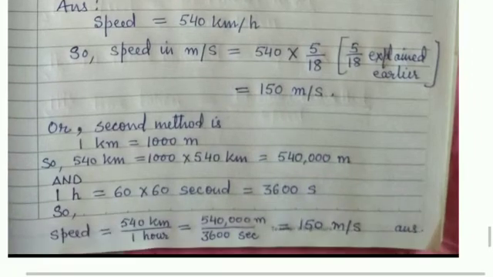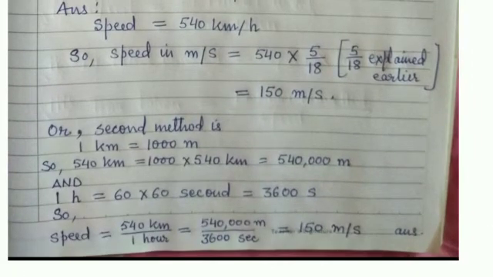And here is another method also. The answer is the same, but the method is different. Second method: 1 kilometer is equal to 1000 meter. So 540 kilometer is equal to 1000 into 540, which is 540,000 meter.